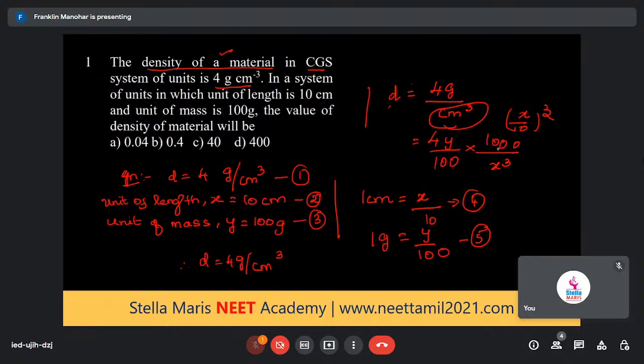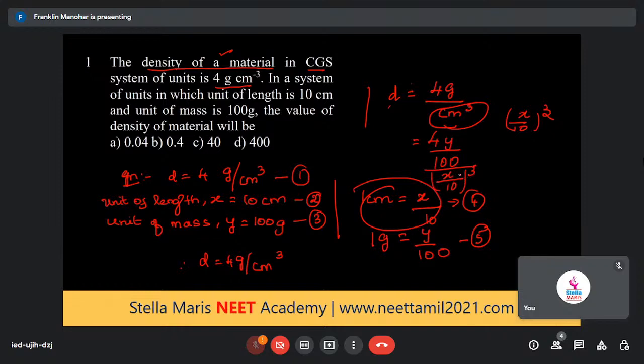I have written this directly. Look here. 1 centimeter is equal to X by 10, so X divided by 10 the whole cube.